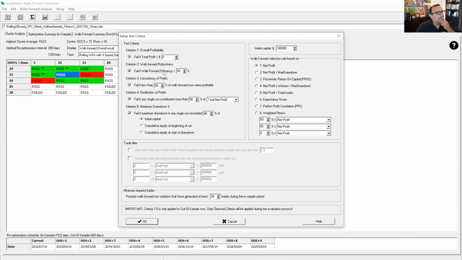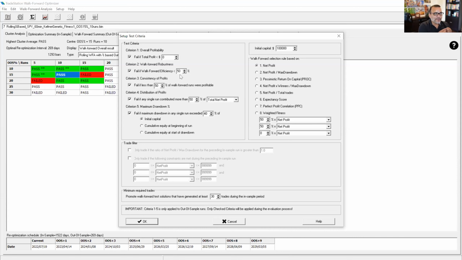Also, walk forward robustness. Fail if walk forward efficiency is less than 50%. This is a great number because this compares what the in sample is doing with the out of sample. It wants the out of sample, which is the section that is going to matter the most to us, to be at least 50% as good as the in sample.